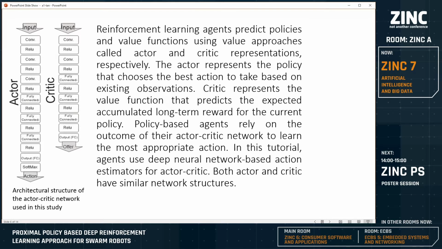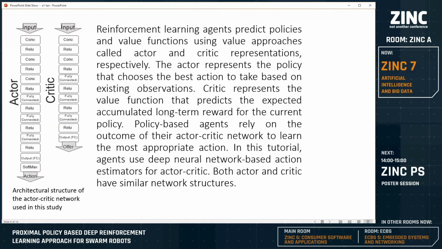About Actor-Critic, we use this structure in our network. Reinforcement learning agents predict policy and value function using an approach called actor and critic representation, respectively. The actor represents the policy that chooses the best action to take based on existing observations.